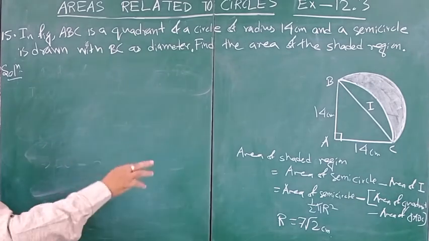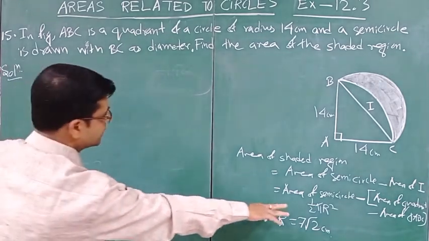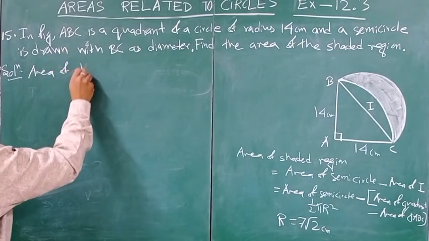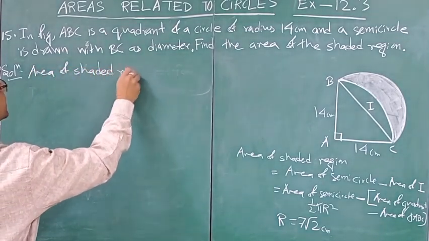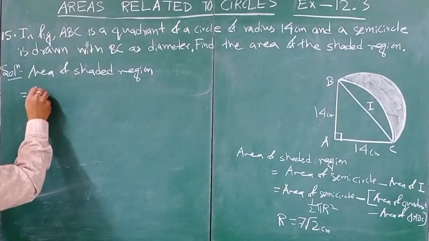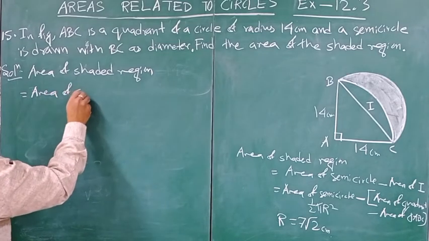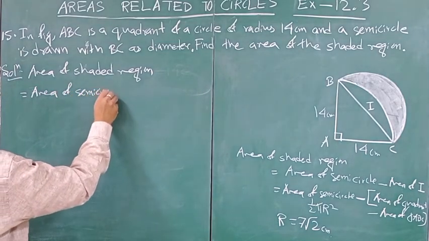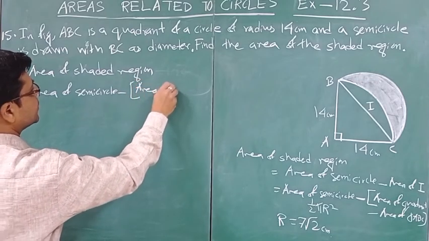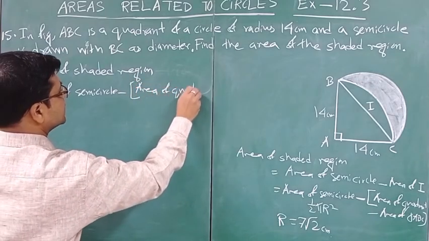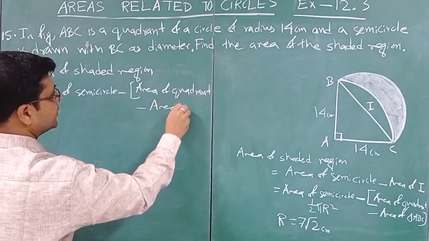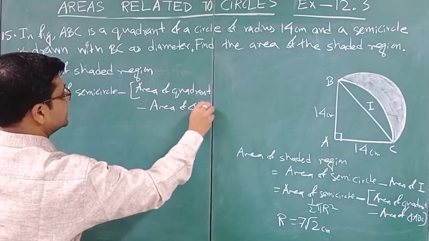Now dear student, now let us find the area of that shaded region by this formula. Area of shaded region is equal to, how we will find out? Area of semicircle minus area of quadrant minus area of triangle ABC.